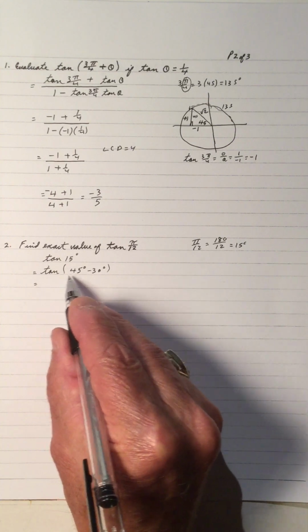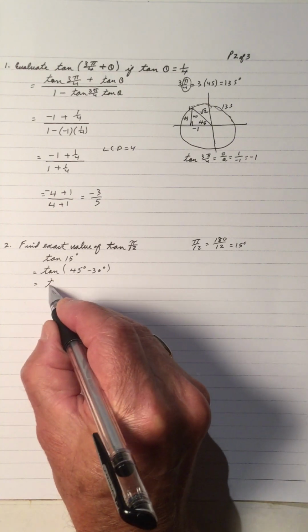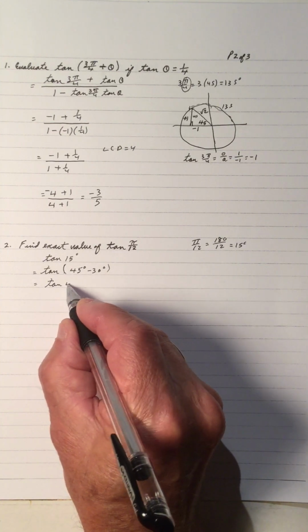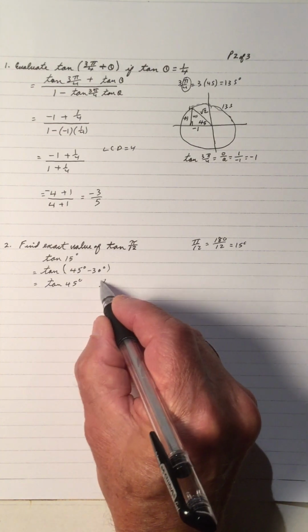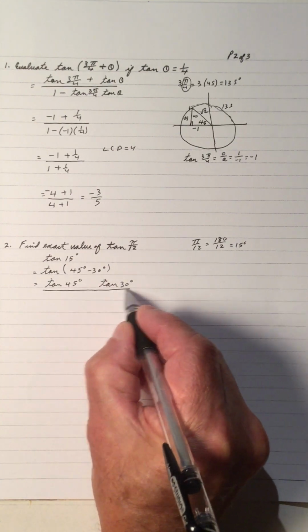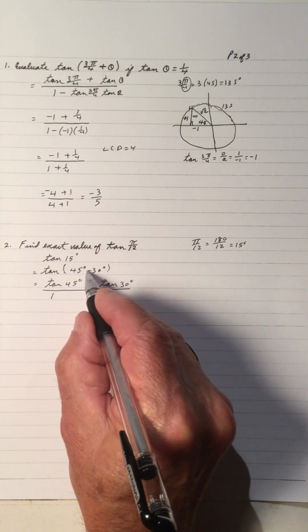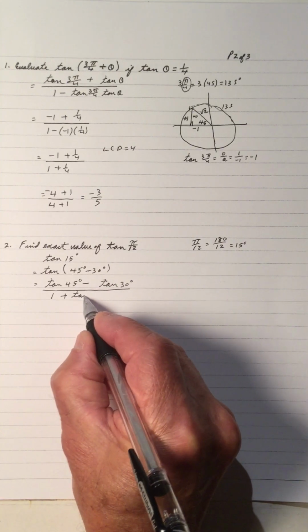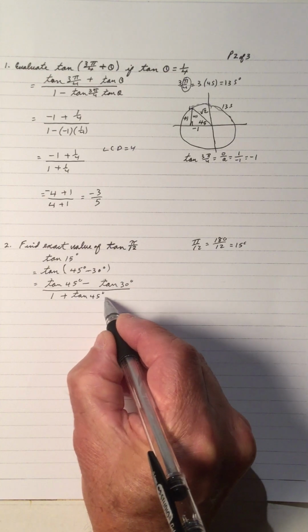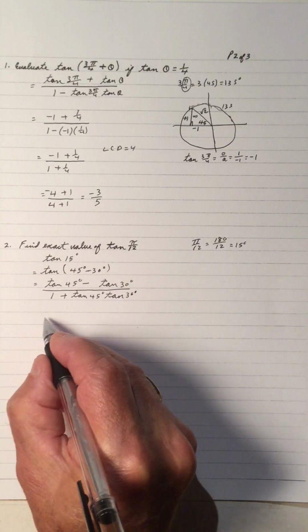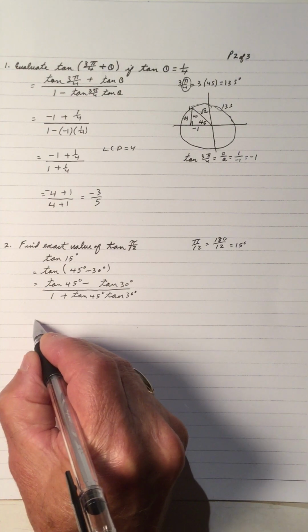So the tan of 45 minus 30 is the tan of 45 minus tan of 30, over 1. This is a minus, so the denominator is a plus: 1 plus tan of 45 tan of 30. Keep going.